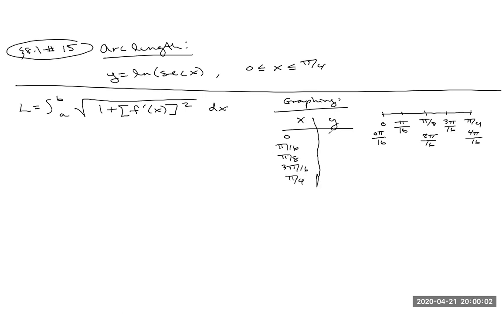And then when I plug them in, I'm doing approximations for these. I get 0, about 0.02, about 0.08, about 0.18, and about 0.35.